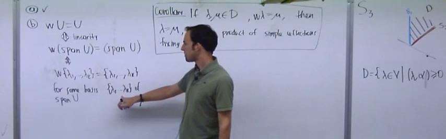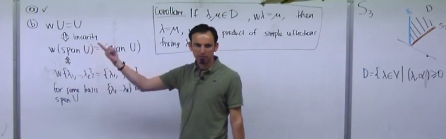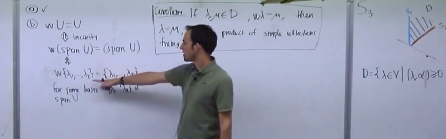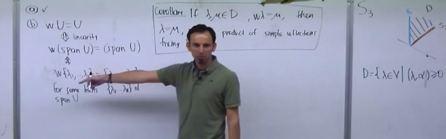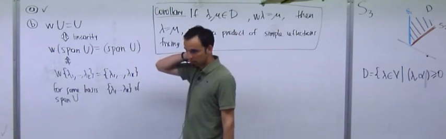And once I have this finite statement, I can just do it by induction. I basically did the case k equals 1, and then a simple induction shows that you can extend this for the rest.